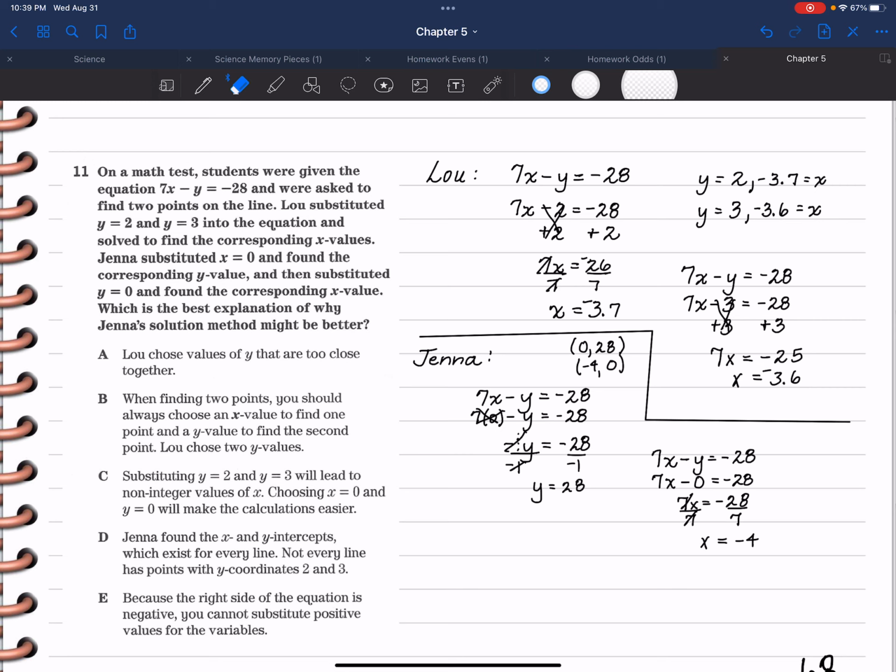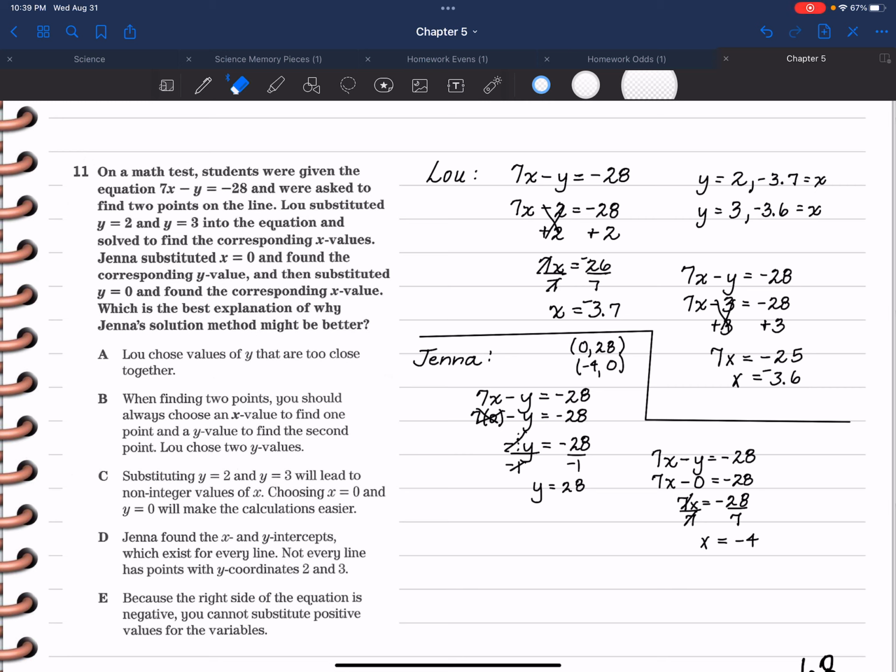So let's look at the answer choices here. Lou chose values of y that are too close together. That has nothing to do with it. You can choose consecutive values, that's fine. When finding 2 points, you should always choose an x value to find 1 point and a y value to find the second point. Lou chose 2 y's. That's okay.